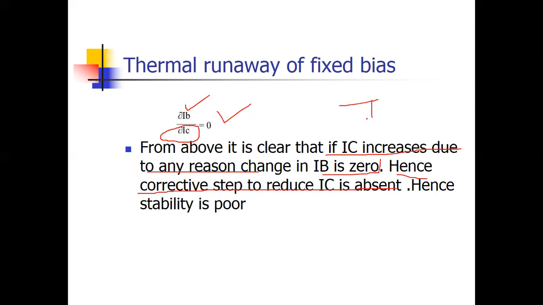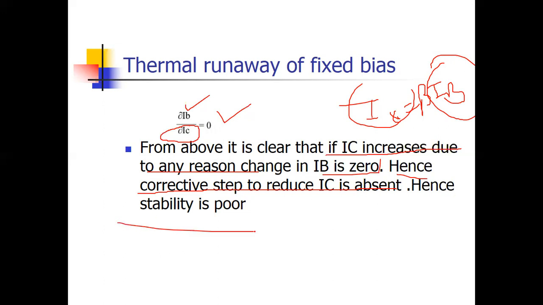If you remember, IC equals beta IB, so if you want to decrease IC, you should reduce IB. You can control IC through IB, but here whatever the changes in IC, the changes in IB will be 0. So the corrective measure is again 0, which means there is very poor stability. So in short, in fixed bias, there is poor stability due to the stability factor and thermal runaway. So we cannot use fixed bias for circuits.